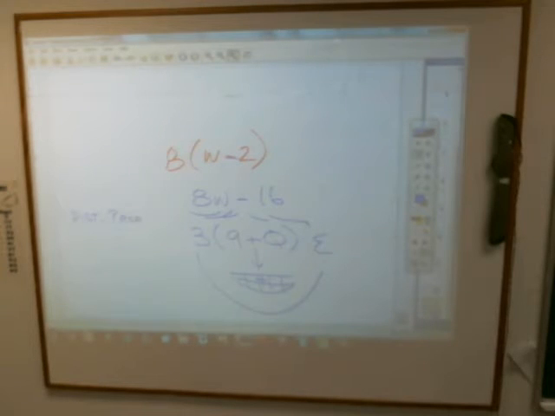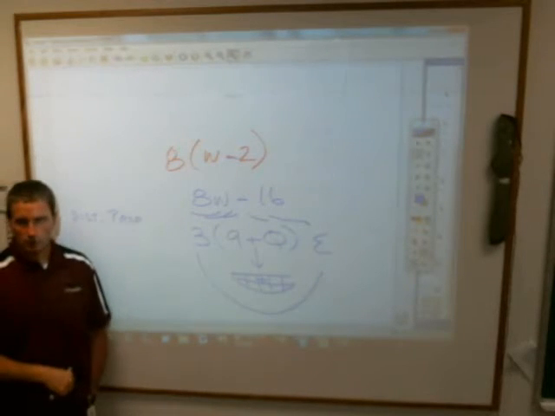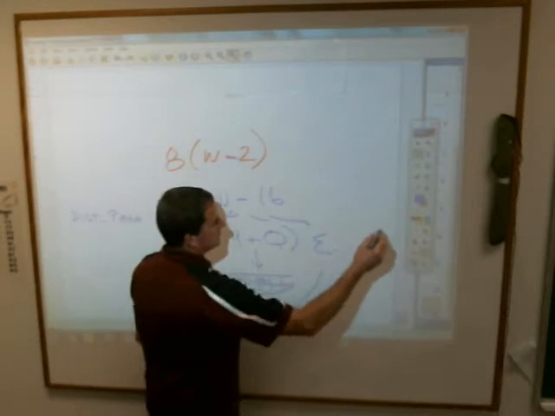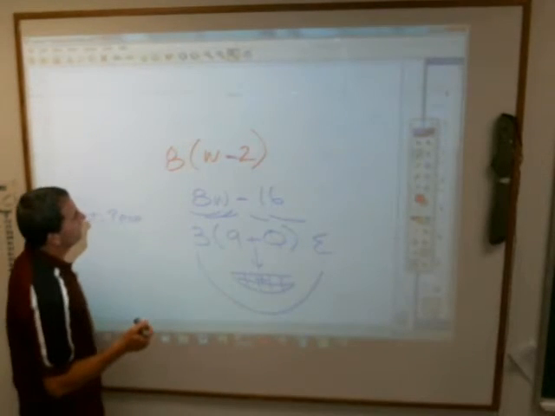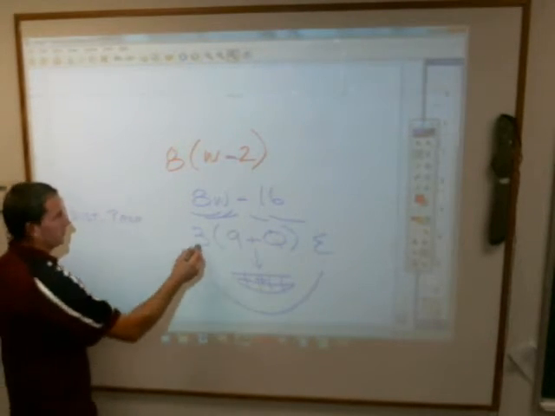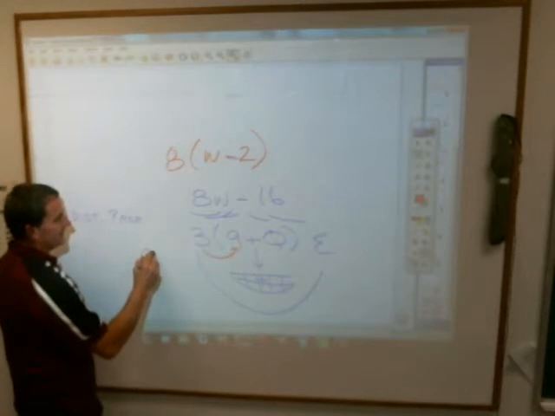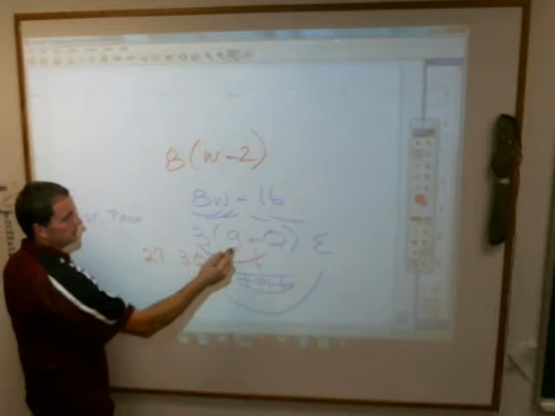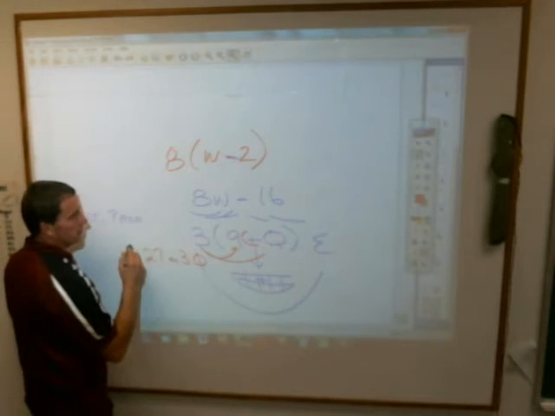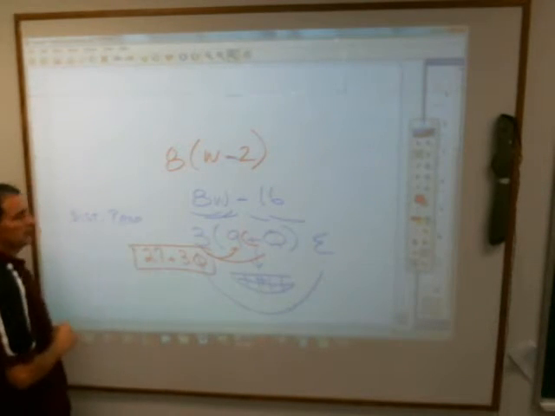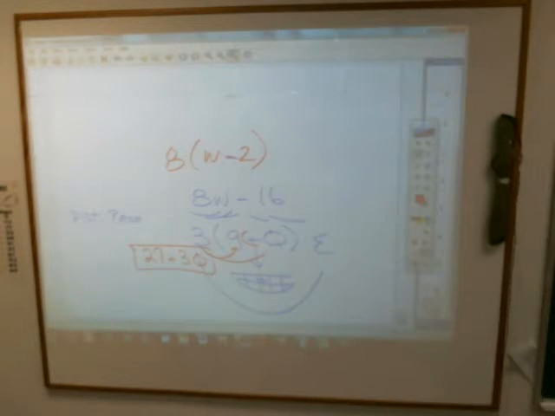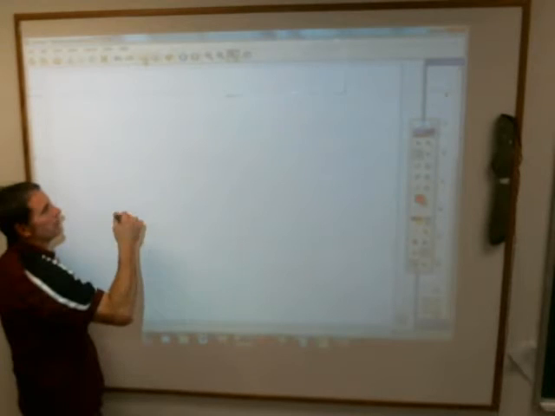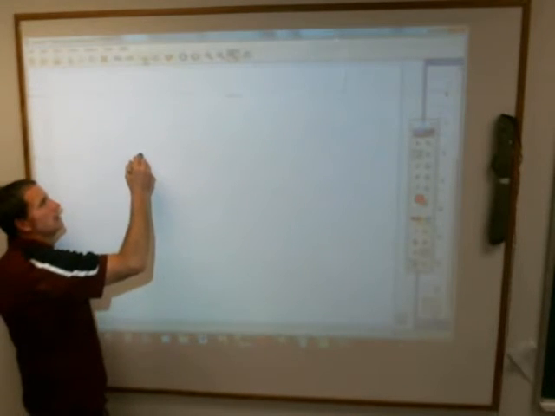If you take 3 times 9 plus q, you'll get 27 plus 3q. 3 times 9 is 27. 3 times q is 3q, and there's an addition sign, so you just put plus.